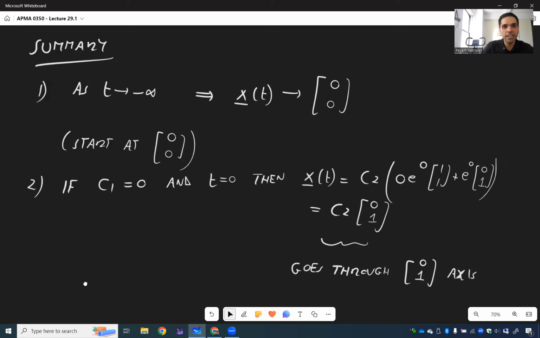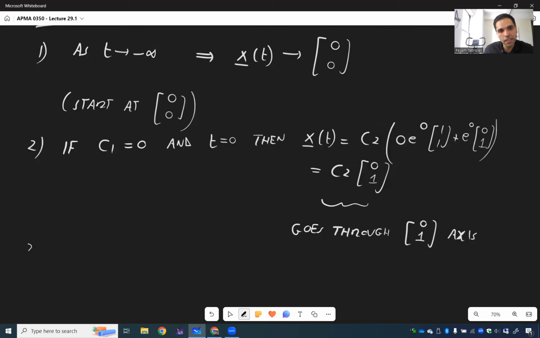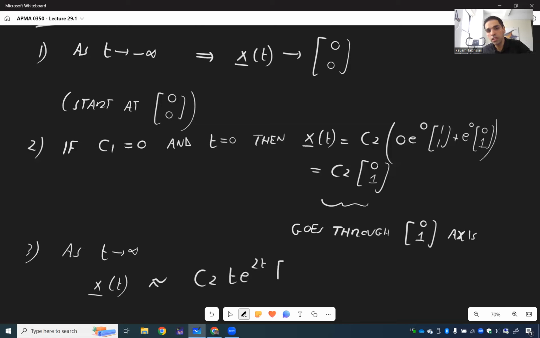And then finally, as t goes to infinity, x(t) roughly becomes C2 te^(2t) times 1, 1, because te^(2t) is the biggest term.